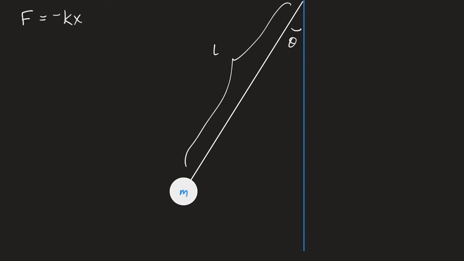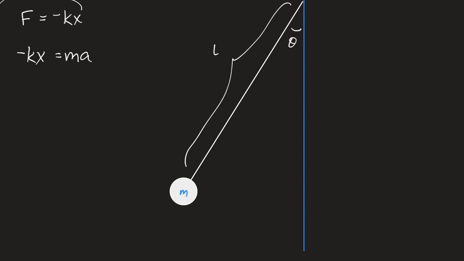Does everybody understand what I mean by that? I'm just picking a point in time, and for the time being I'm going to assume that it's swinging back towards equilibrium, but I don't have to state that. We're analyzing forces. We're trying to see if we can say kx is equal to ma. That's what we're trying to see.